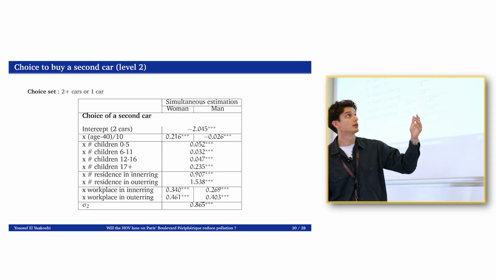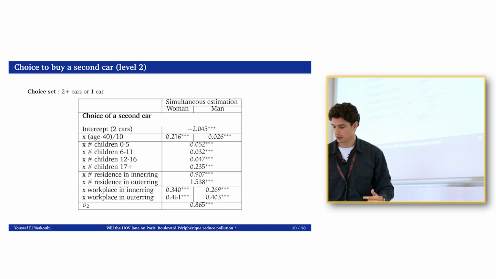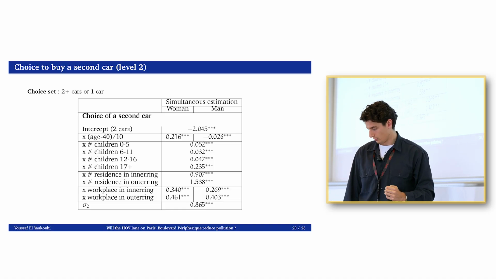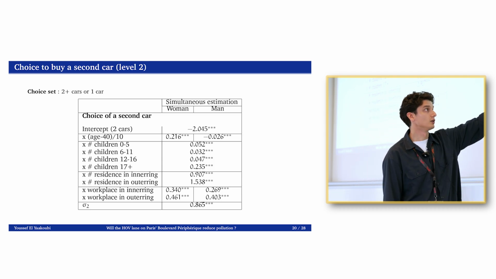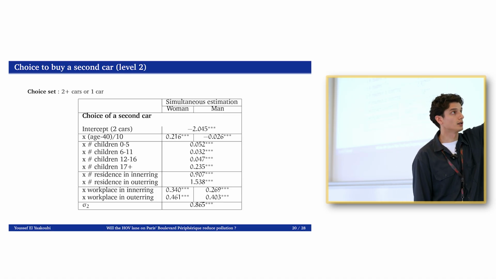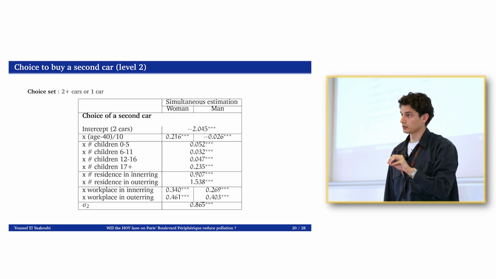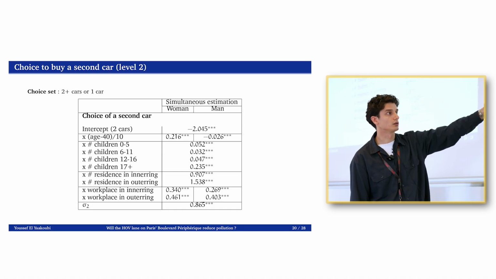So the level 2 was the choice to buy a second car or to keep the first one. Here we can see that there are some results that are expected. The reference here is to work and to live in the city of Paris, instead of in the inner ring or the outer ring.